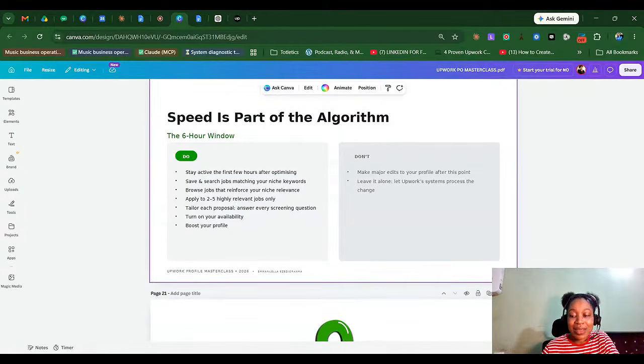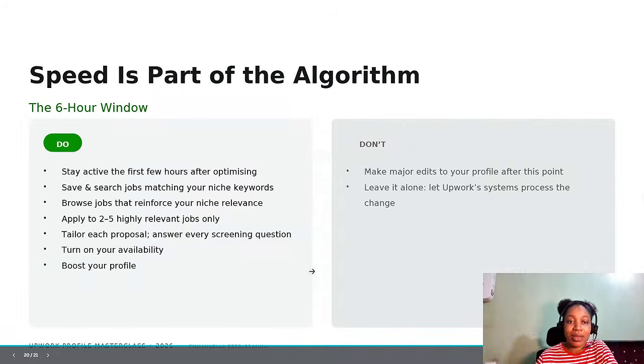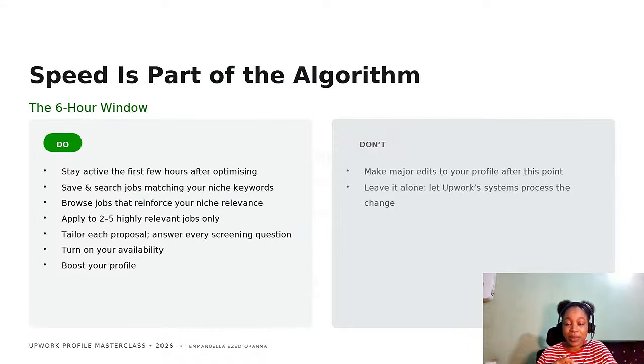You stay active. So you stay active for the first few hours after optimizing. What am I saying? Even for people that didn't do optimization, it's always advised that no matter how busy you are, you should always create time to go on Upwork.